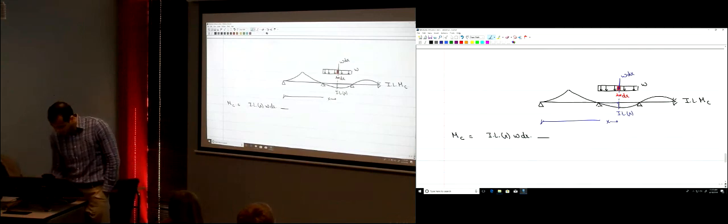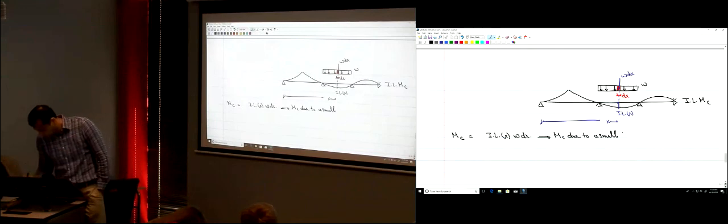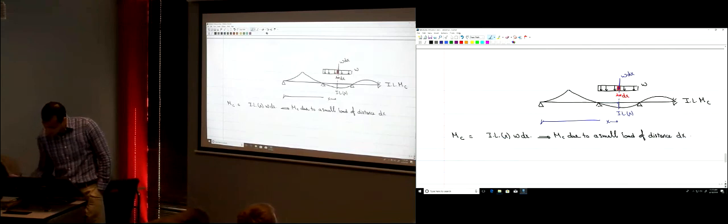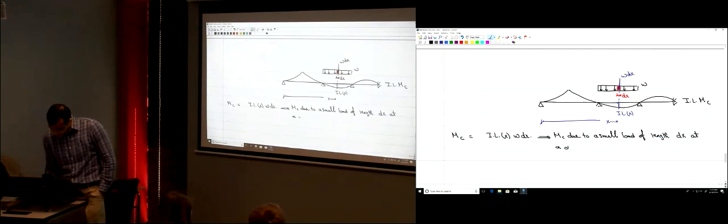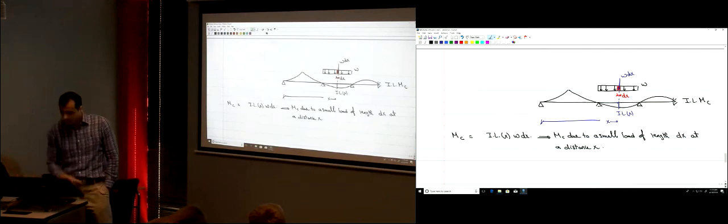This is MC due to a small load of length dx at a distance x.